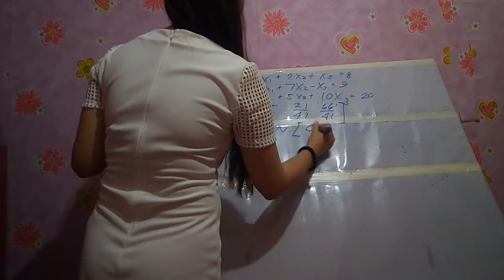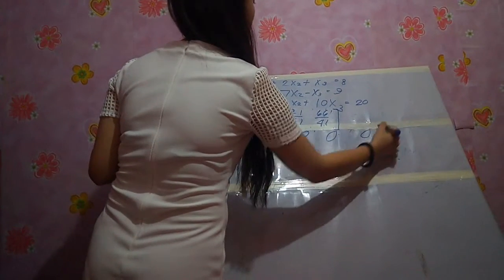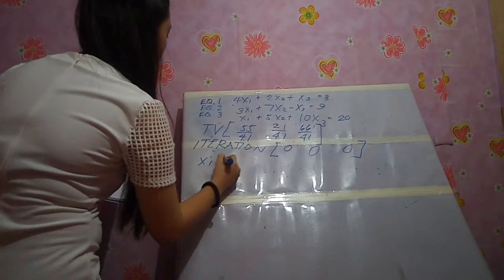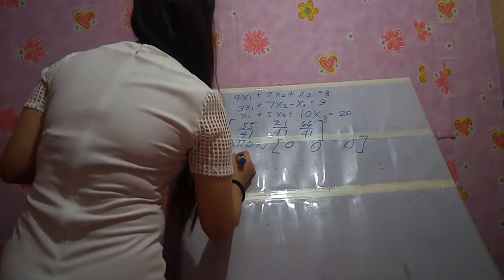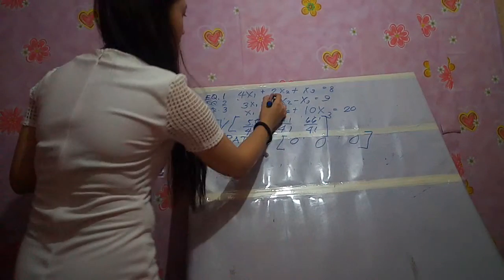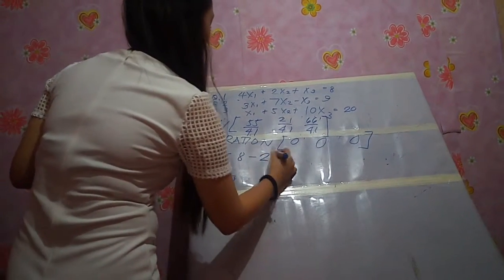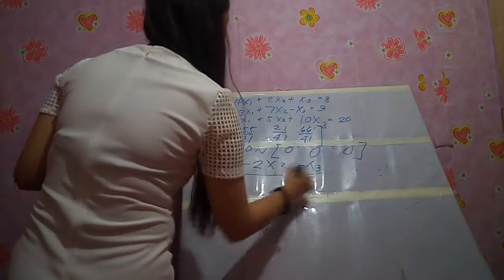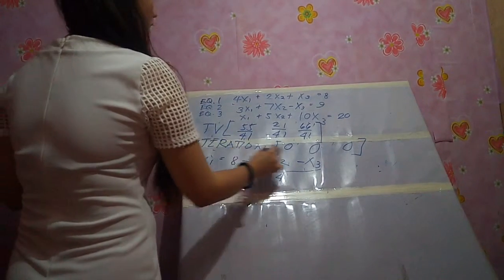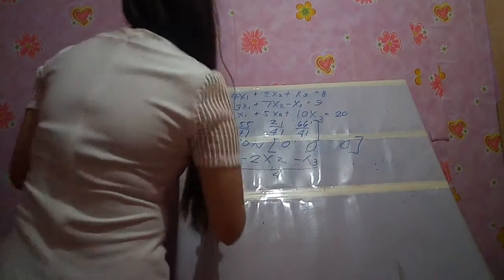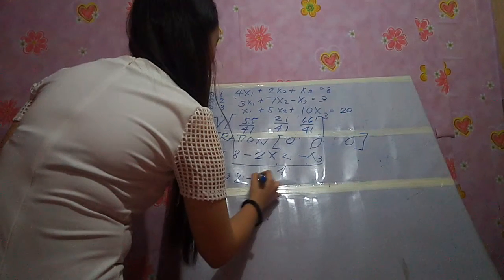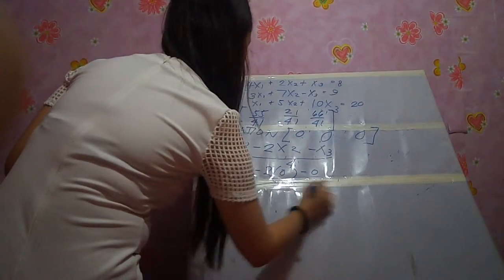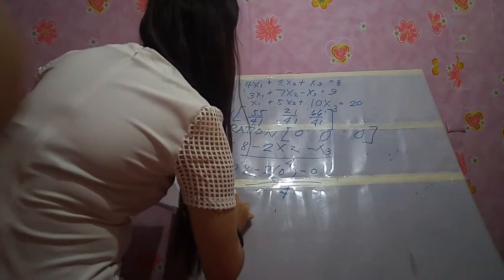given, which is for x1 0, x2 is 0, x3 is 0, and equate x1 to be equal to 8, and then transpose the other numbers, which will be 2 x2 and negative x3 all over 4. Then substitute the given numbers. So 8 minus 2 times 0 minus 0 all over 4 should be equal to 2.